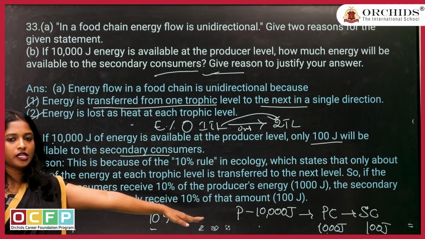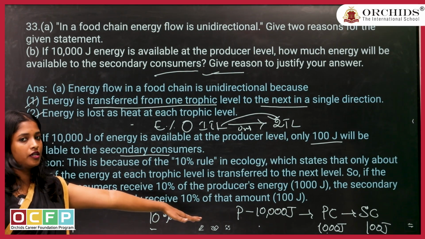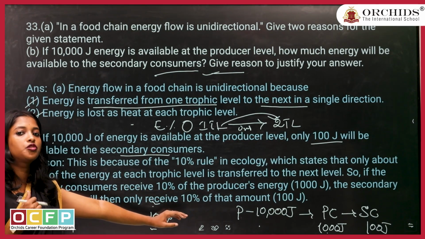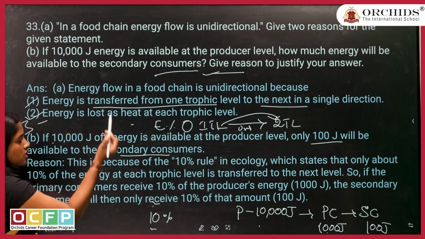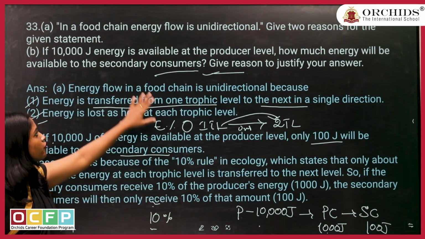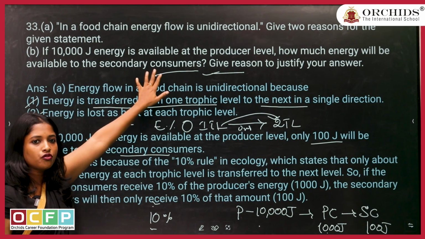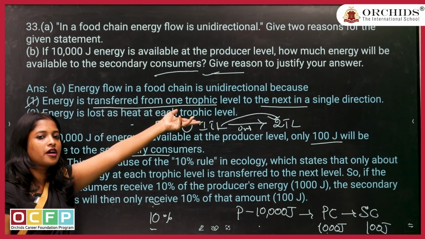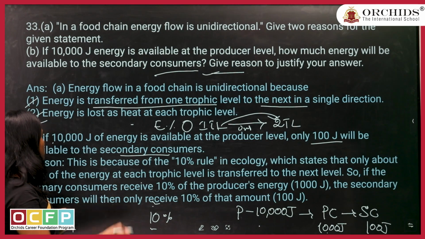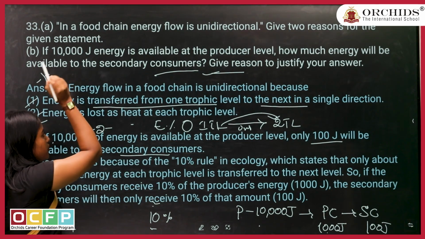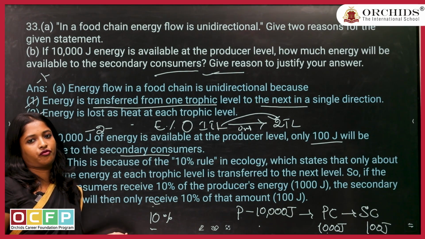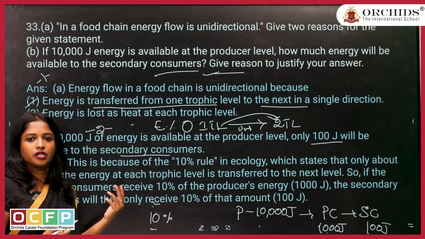You will get the explanation whatever I have done now. Just put it in the statements. If you have done this, you will get 3 marks. Since this question has 2 parts, give reasons as well as find out how many joules will be there for the secondary consumers, this B part will have 2 marks. The first question will have 1 mark. Total 3 marks for the question.